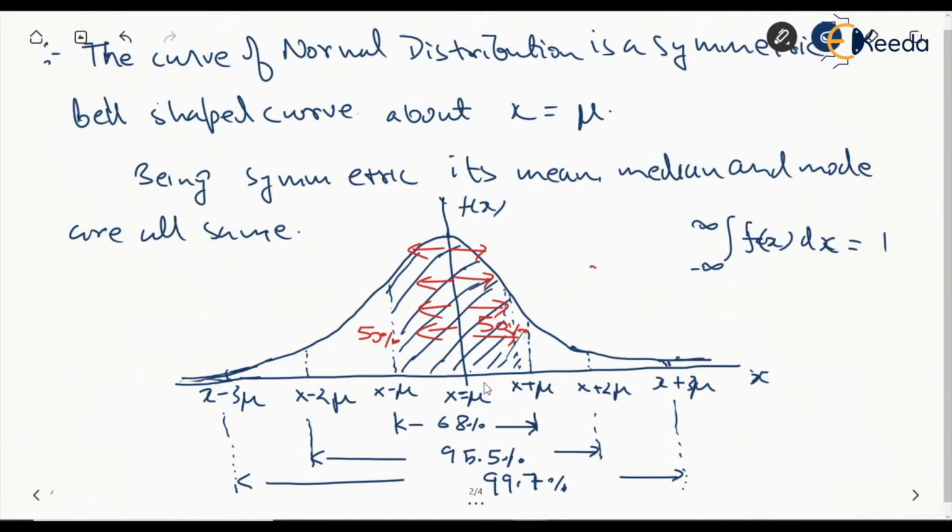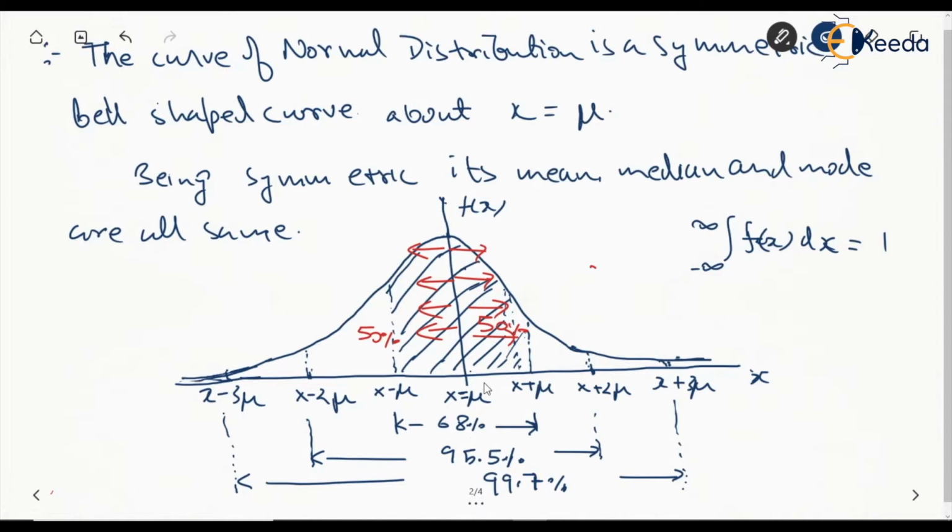So 50% and 34% will be 84%. Likewise, we can calculate up to here also. Why? Because the area from minus 2 mu to plus 2 mu is covering 95.5%. So we can reduce it to half, maybe 47 or 48 percent approximately, and half of this will be 48 and half of this will be 48.